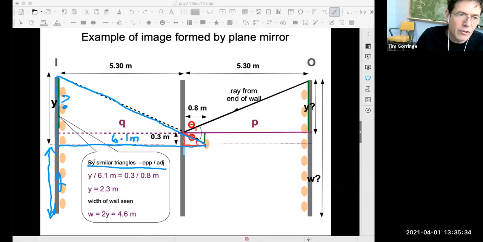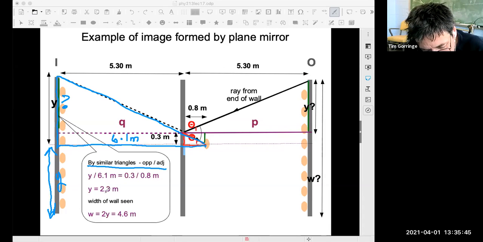Similar triangles mean the angles in the corners are the same, but the overall sizes are different. They may have been blown up or shrunken down. In similar triangles, the ratios of the lengths of sides are the same. So I'm going to consider in the small triangle the opposite to the adjacent, and in the big triangle the opposite to the adjacent, that is the vertical to the horizontal in both.